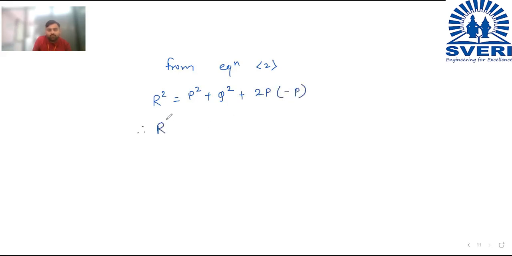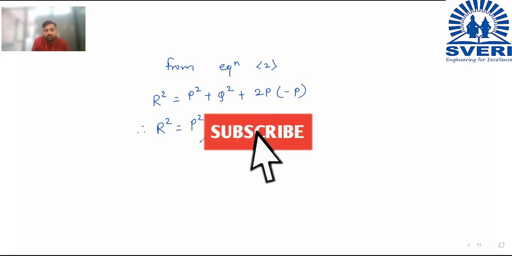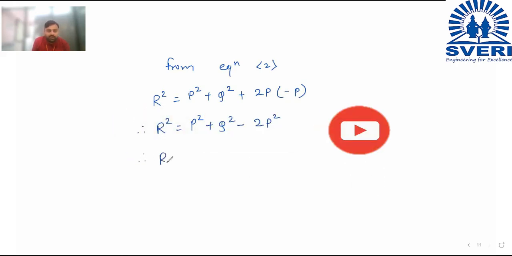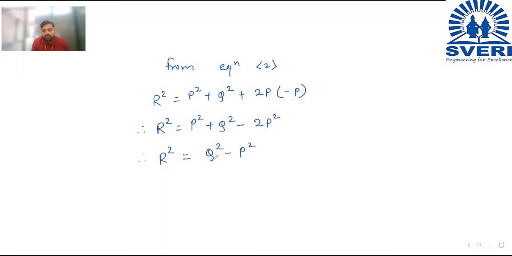So therefore r square is equal to p square plus q square minus 2p square. So here it is r square is equal to q square minus p square.